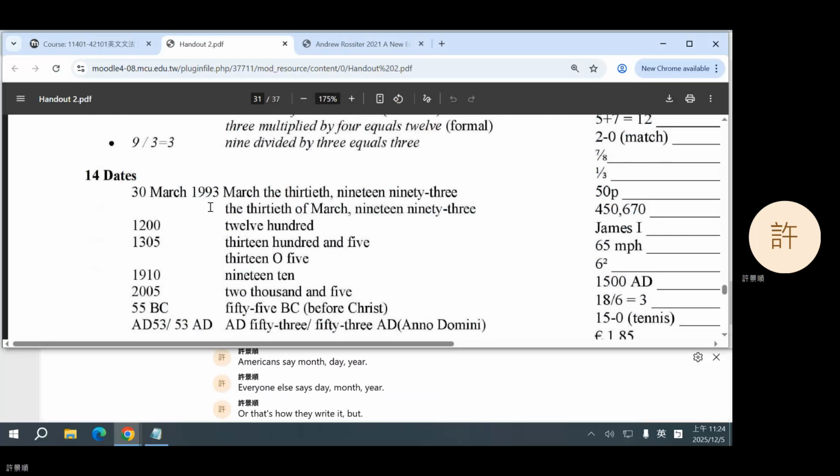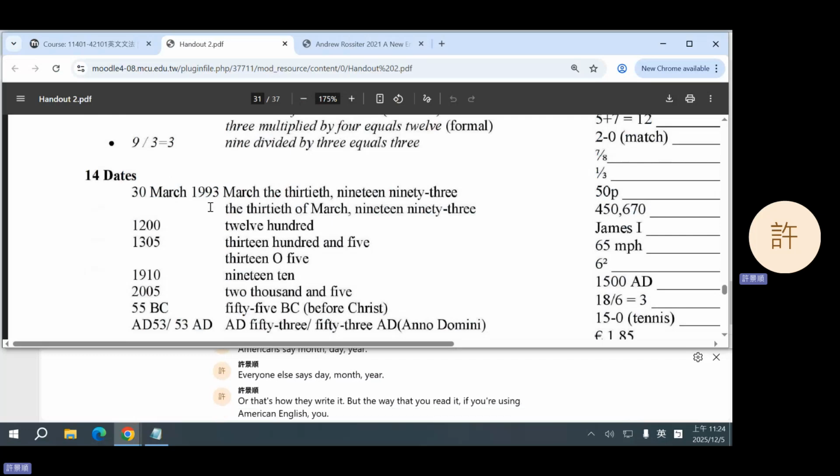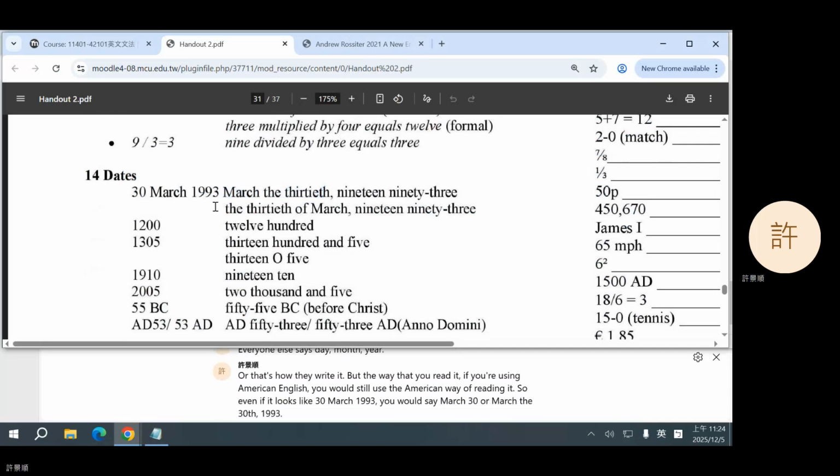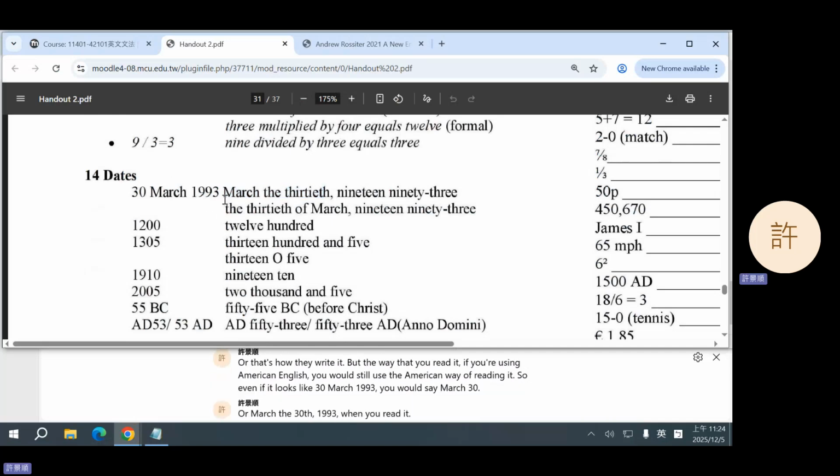But the way that you read it, if you're using American English, you would still use the American way of reading it. So even if it looks like 30 March 1993, you would say March 30 or March the 30th, 1993. When you read it using American English, we follow the American order.